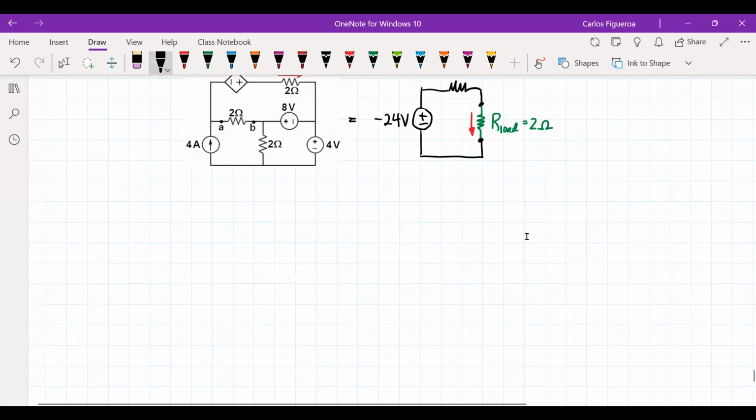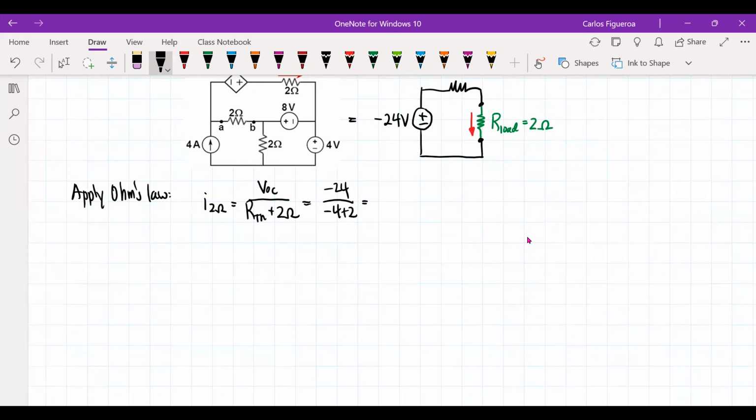So I apply Ohm's law, and I get here that the current of the 2 ohm is going to be VOC over RTH plus 2 ohms, but you're seeing here that I get minus 24 over minus 4 plus 2, and I get positive 12 amps for I 2 ohm. So that is the current through that resistor.